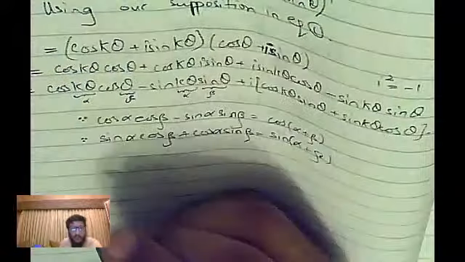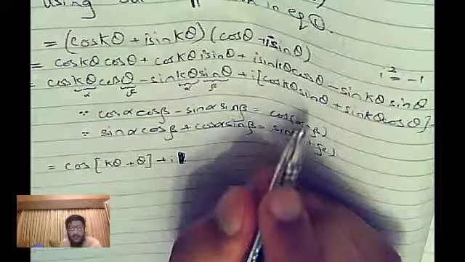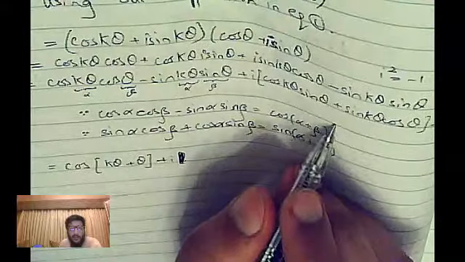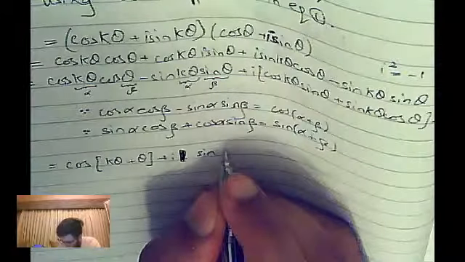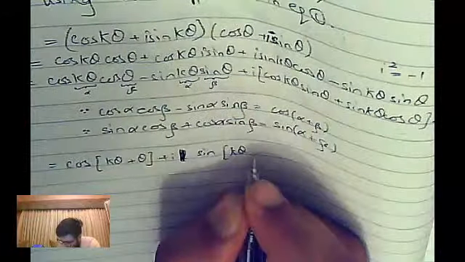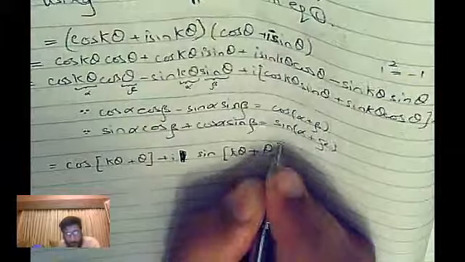So we're gonna have cos alpha plus beta, plus iota. I don't need a bracket anymore. Cos alpha sine beta plus sine alpha cos beta, we can write this as sine of alpha plus beta.